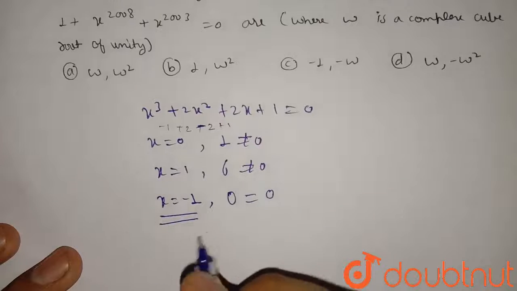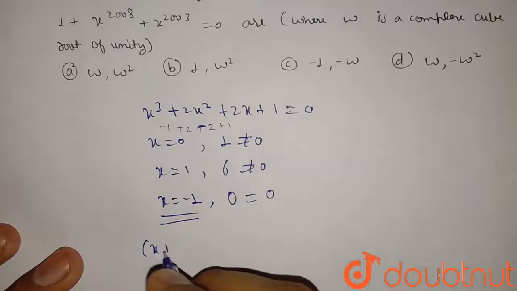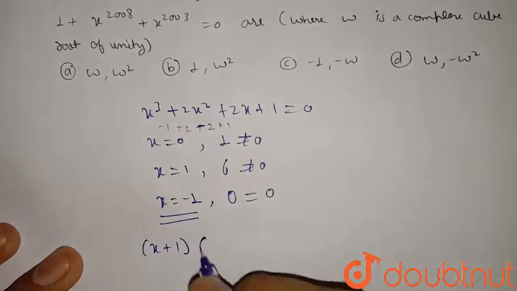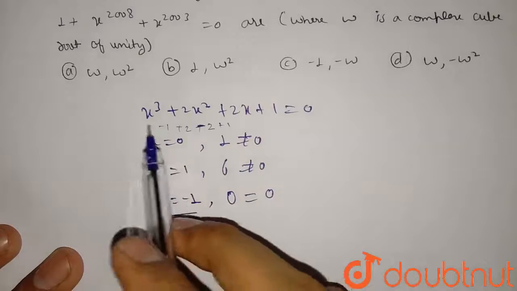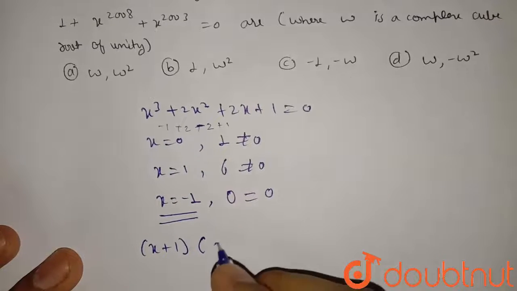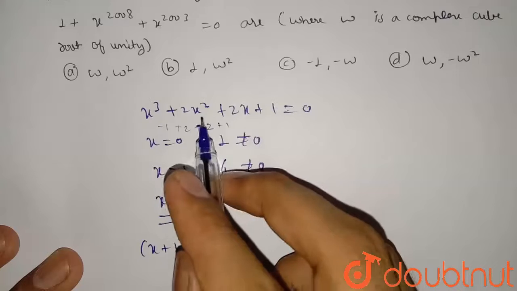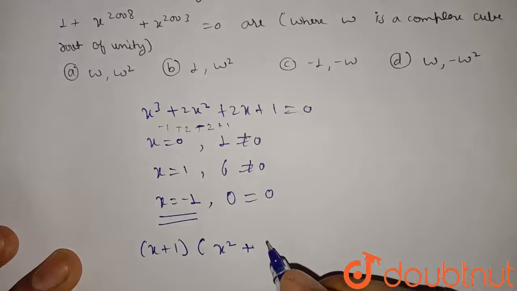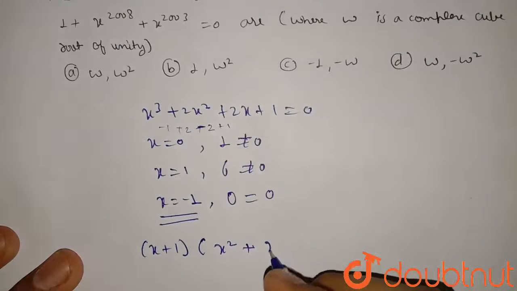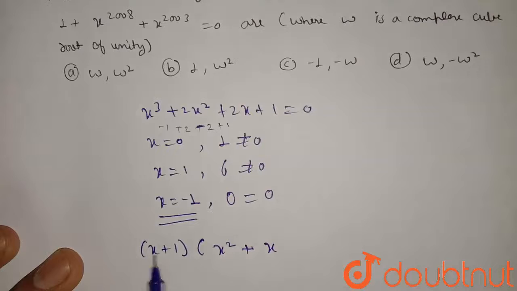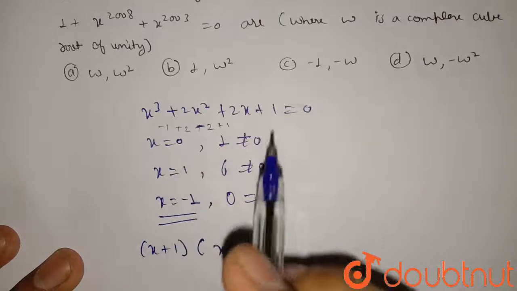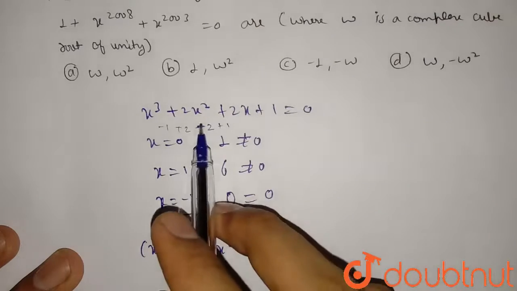Okay, so x plus 1 will be one factor of this equation. Now we multiply to get this equation: we multiply x square to get x cube, and then we have 2x square. Multiplying again with x, it will be x square, and 1x square from here makes 2x square.